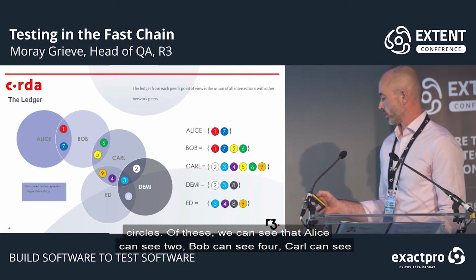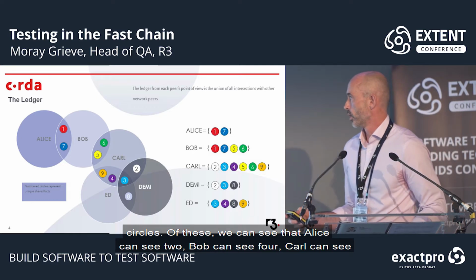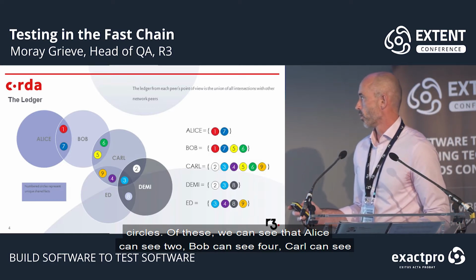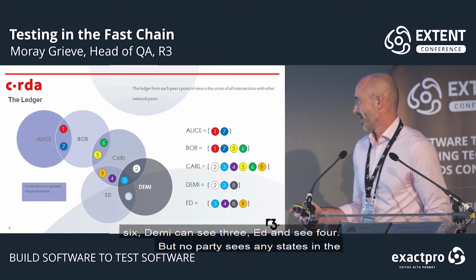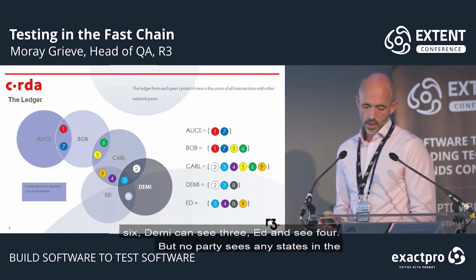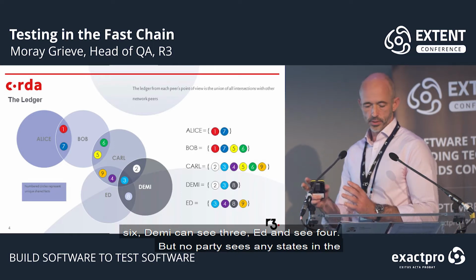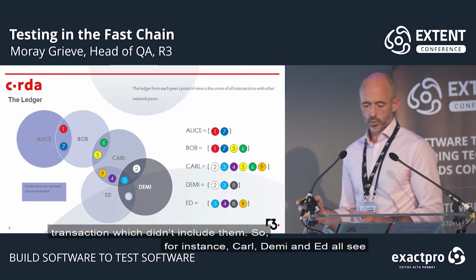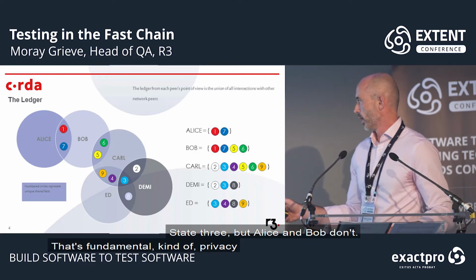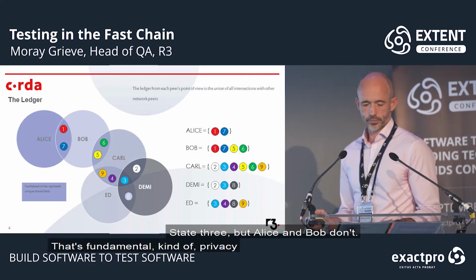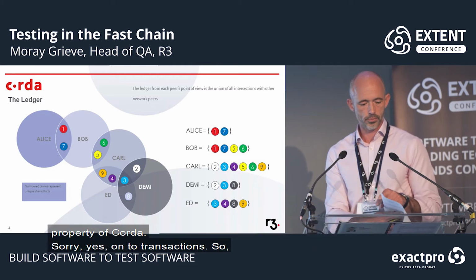Of these, we can see that Alice can see 2, Bob can see 4, Carl can see 6, Demi can see 3, Ed can see 4. But no party sees any states in a transaction which didn't include them. So for instance, Carl, Demi, and Ed all see state 3, but Alice and Bob don't. That's the fundamental privacy property of Corda.